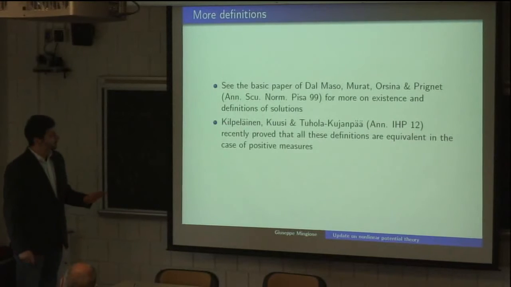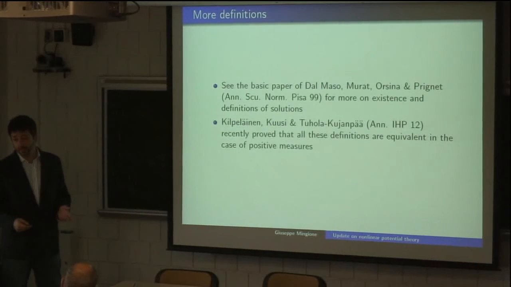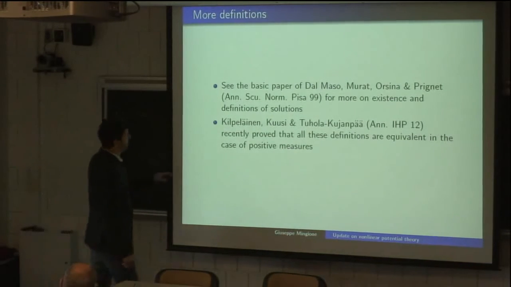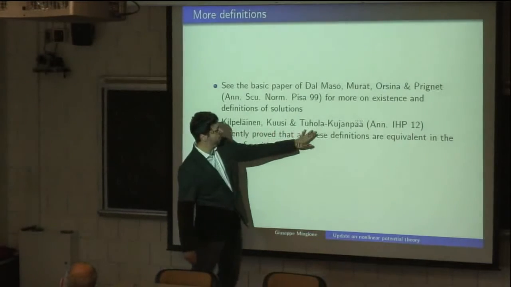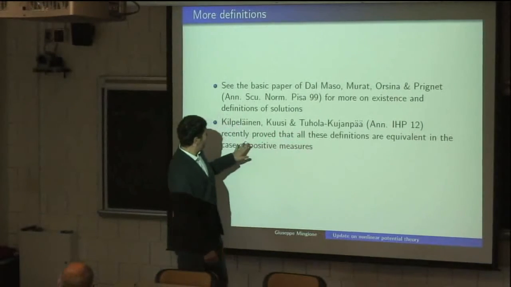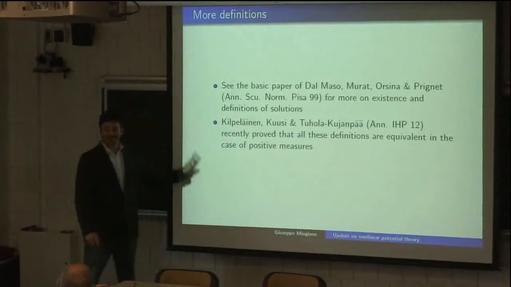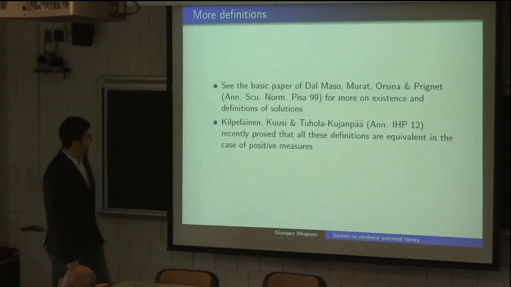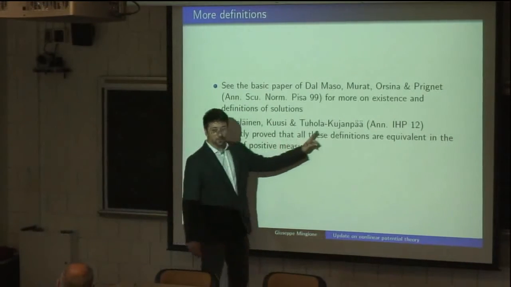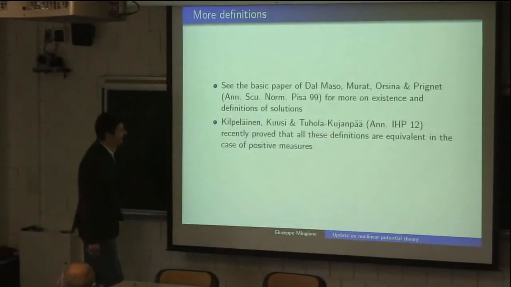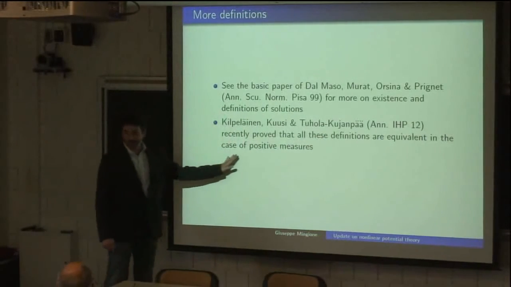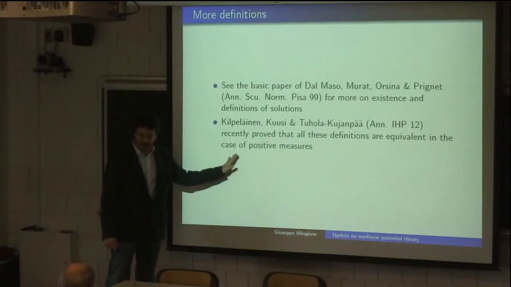Okay, anyway, all these solutions are strictly related to each other. And in fact, there's a very interesting result of Kilpeläinen, Kuusi, Puuska, and Tuhola that proves that all these solutions are equivalent in the case when the measure is possible.